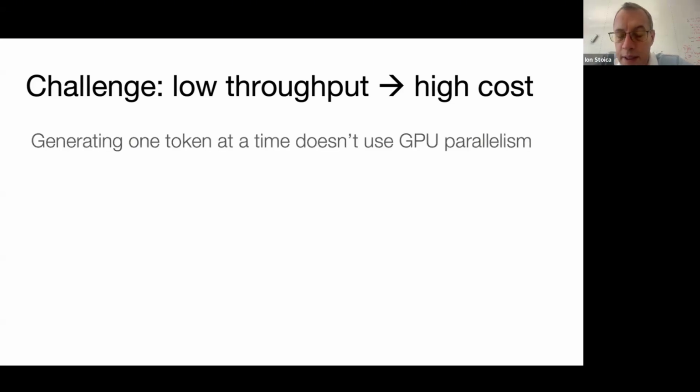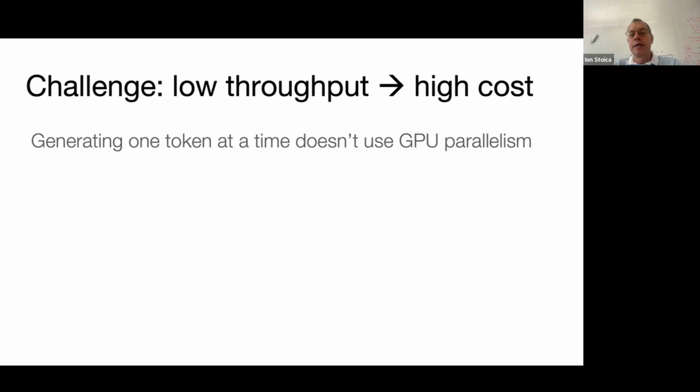And obviously, as everyone knows, the reason is that generating one token at a time doesn't use GPU parallelism, right? GPUs are most effectively used when you multiply fat matrices, not a matrix by a vector or things like that, right?